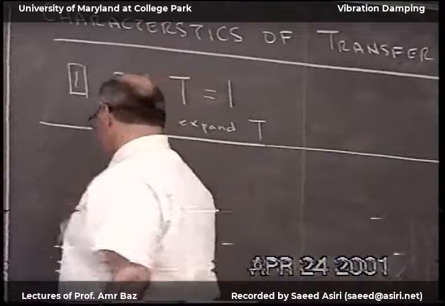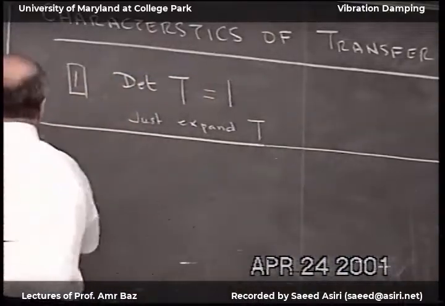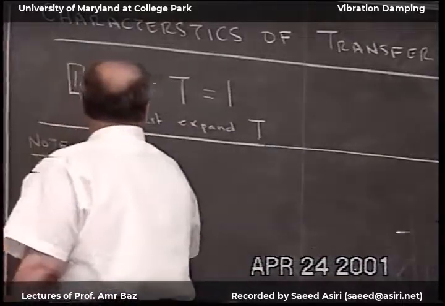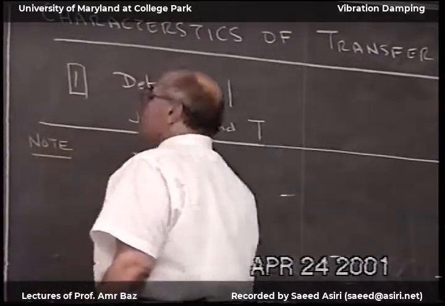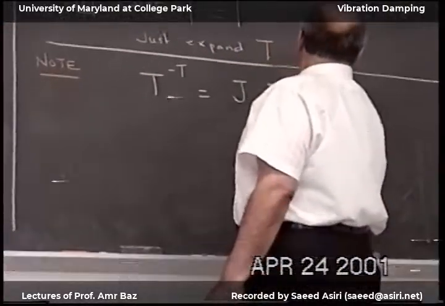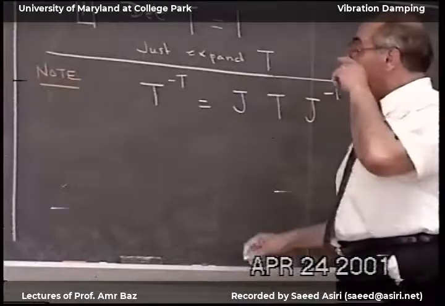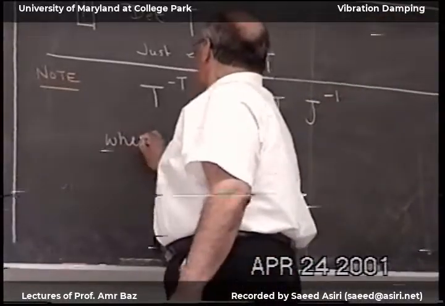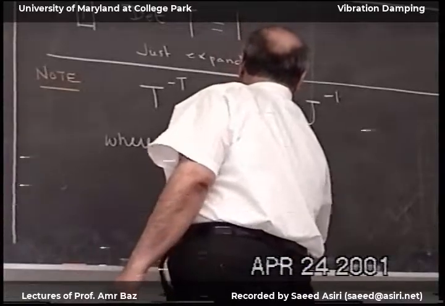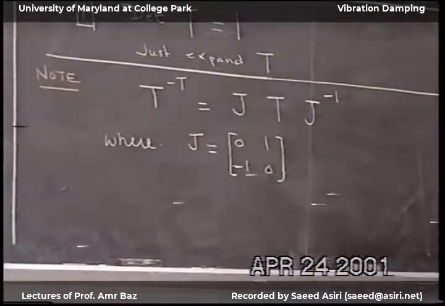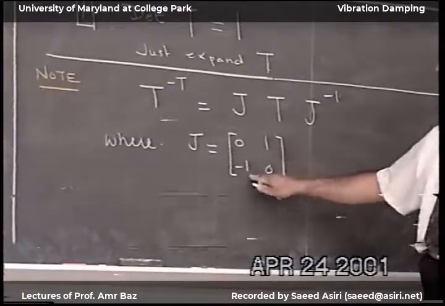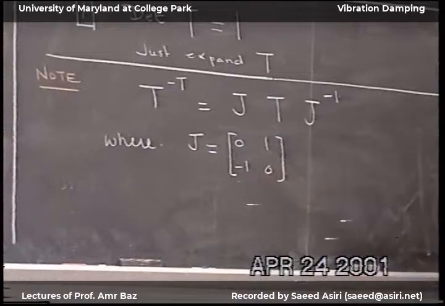Now here, I'll just make a little note. T inverse transpose is equal to J T J inverse, where J is equal to 0, 1, minus 1, and 0. In the case of the rods; in the case of beams, 0, I (2 by 2), minus I (2 by 2), 0.